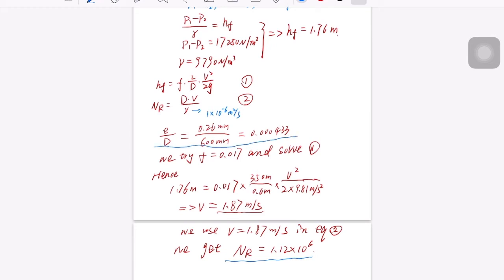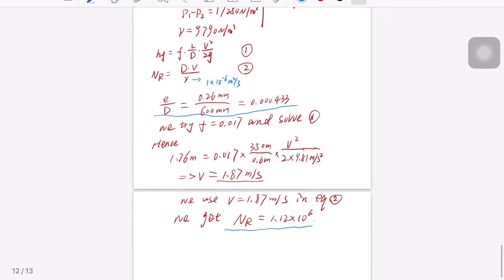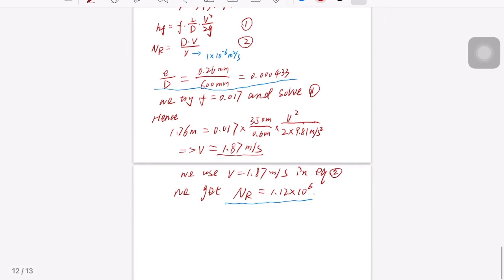relative roughness are taken to the Moody diagram to obtain a new friction factor, and we can find that the new friction factor is also equal to 0.016, which is unchanged from the assumed one.